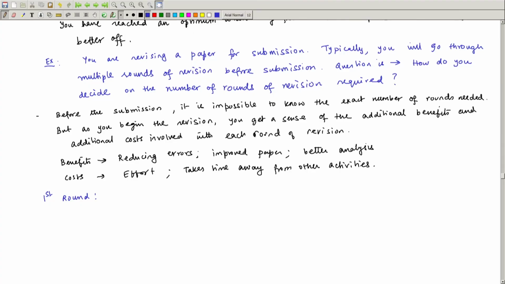So, the previous version in round 0, call round 0 as the baseline, you had a draft which had a lot of spelling mistakes. As soon as you move from round 0 to round 1, you now have a draft which has no spelling mistakes. So, it is a much improved version. So, the extra benefit is going to have a specific name, it is also called the marginal benefit.